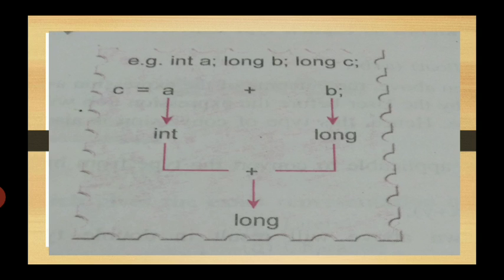As you know, integer is smaller than long. That means long has a higher hierarchical order. So the compiler will automatically convert the answer to long because long has a higher hierarchical value. This is known as implicit type conversion.